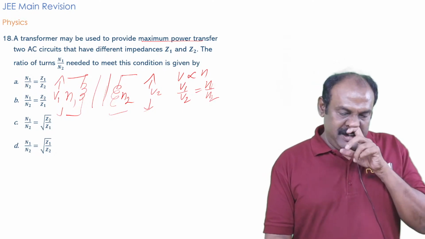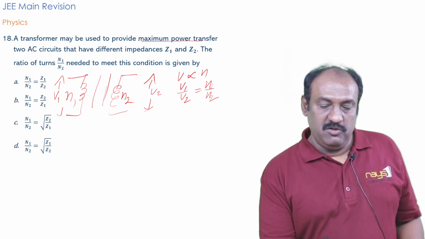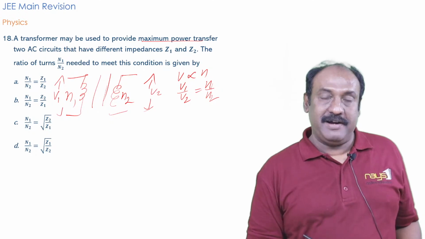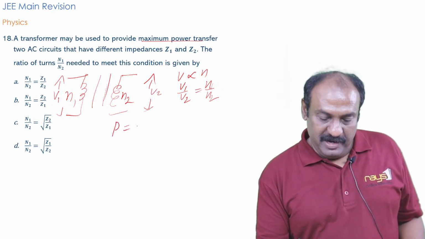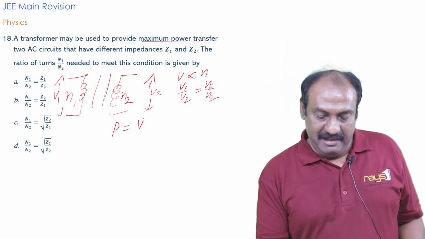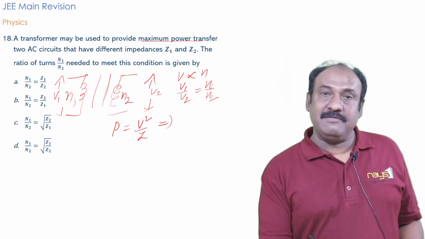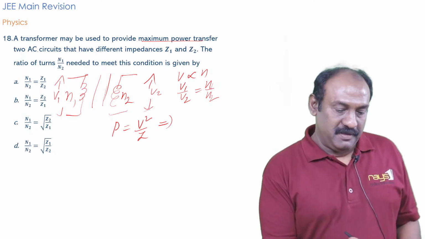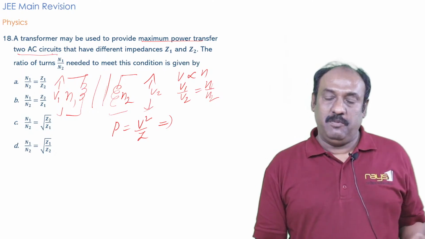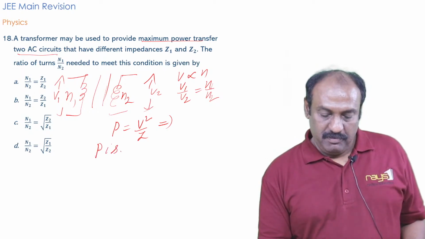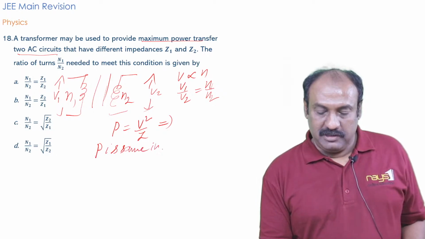Now for the transformer to provide maximum power transfer, what is power? In terms of voltage applied, power equals V square by Z. For maximum power transfer to both AC circuits, the power is the same in both cases.